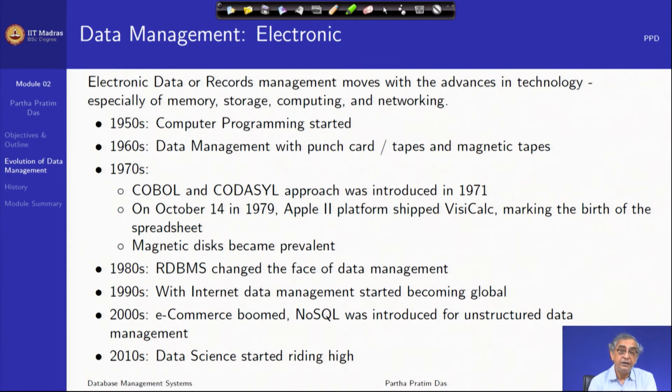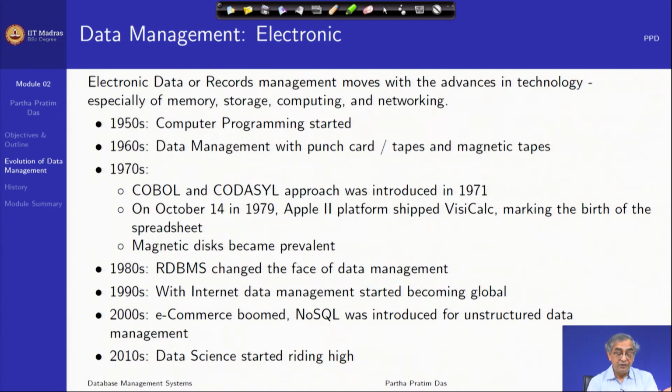Certain significant improvements and developments happened in terms of the COBOL language being introduced. It is still used 50 years on. The CODASYL approach, one approach of doing data management, came in.